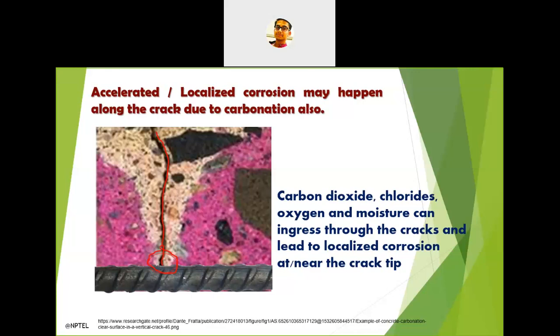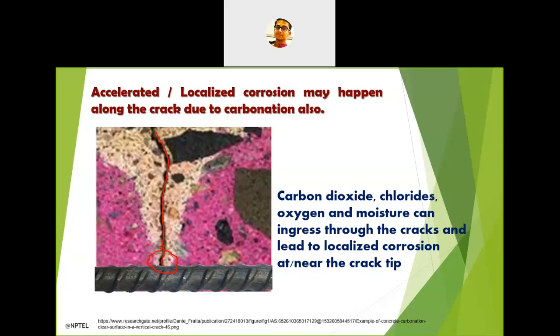So in this case, we studied carbonation induced corrosion. Through this crack, when we sprayed the phenolphthalein indicator, it was seen that near the places of the cracks, it is fully acidic due to the presence of carbonic acid, as we saw in the last session.